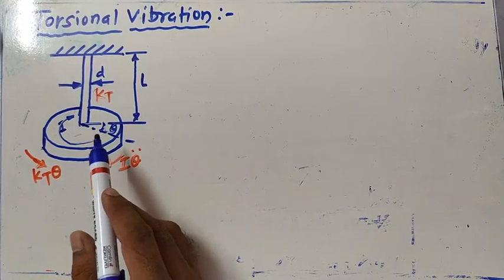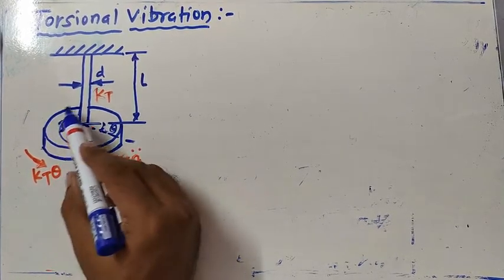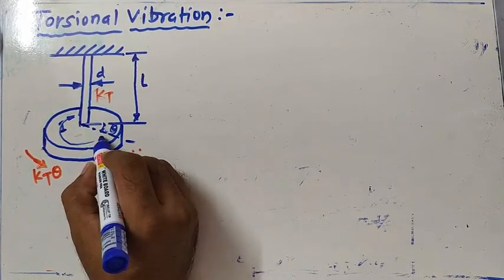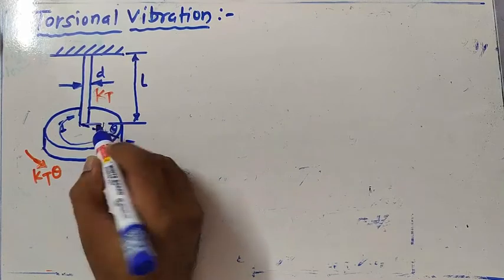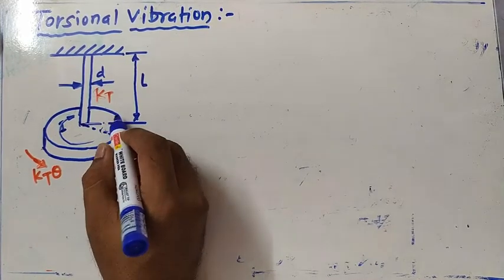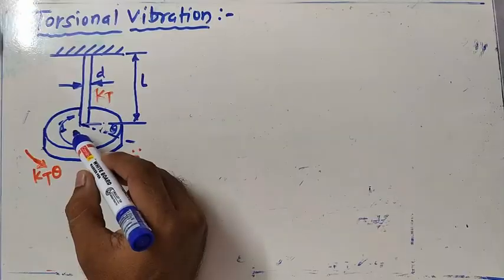If the disc is given an angular deflection about the axis, moved in this direction by angle theta, it will start to oscillate about its axis.